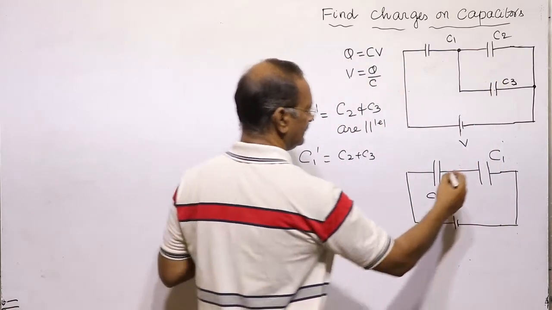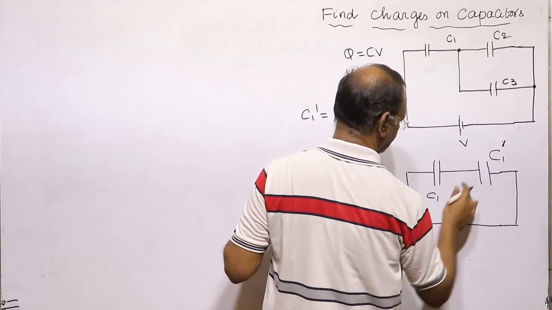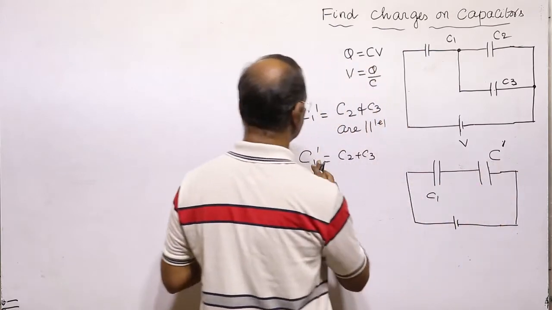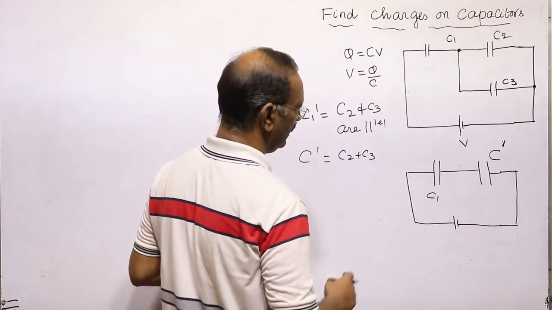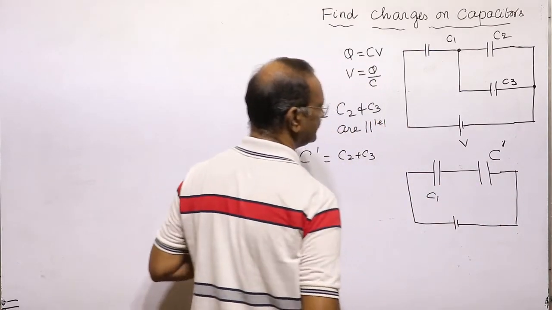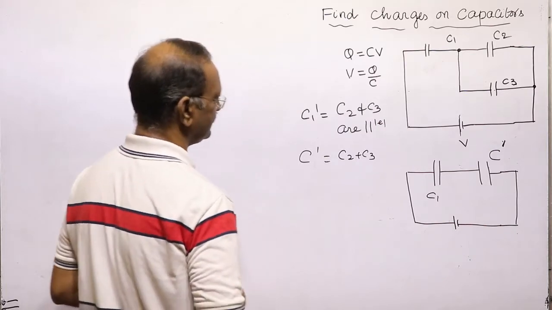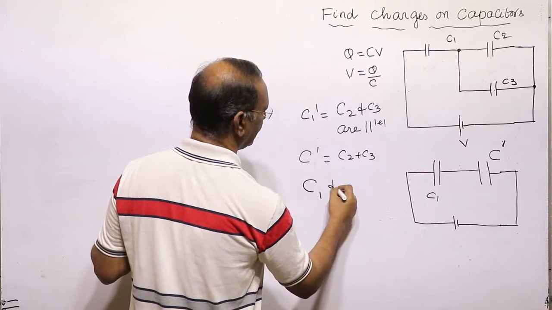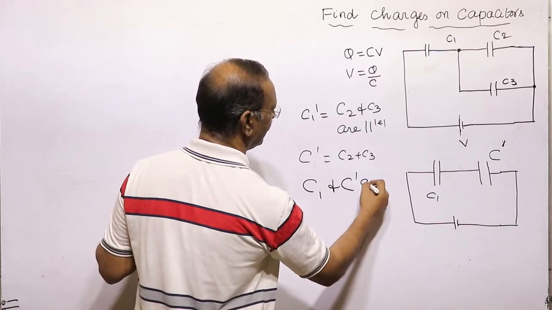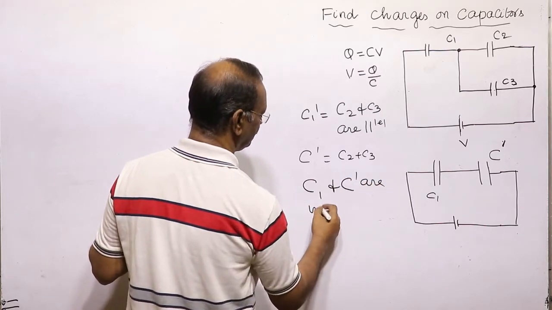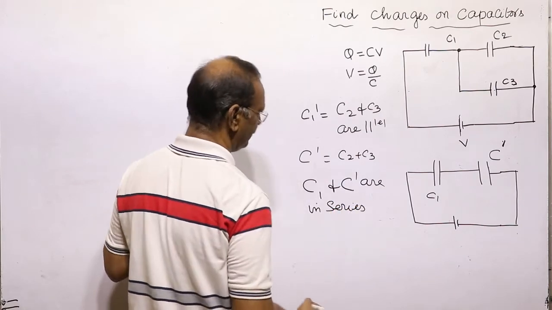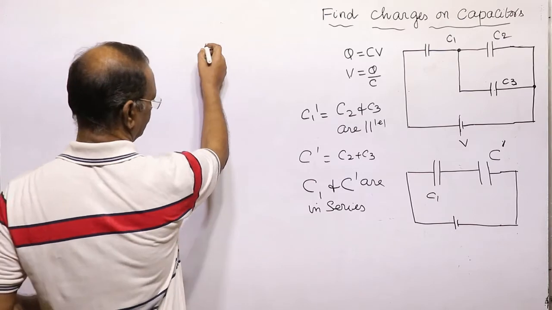Now this is C1. Sorry, we can call it C dash. Now C1 and C dash are in series. Therefore, we can take the equivalent circuit.